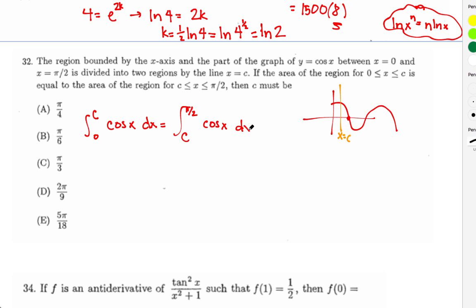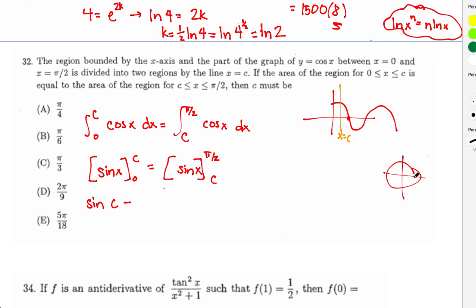The antiderivative of cosine is just sine, from 0 to c, and this is also sine from c to pi over 2. We have sine c minus, what's the sine of 0? At 0, we are at the point (1, 0), so the sine is 0. Minus, what's the sine of pi over 2? Up here, we are at the point (0, 1), so the sine is 1.